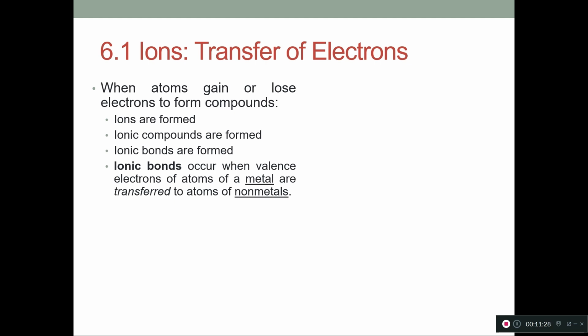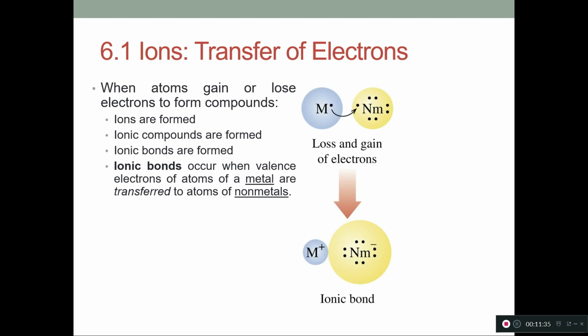They then have an electrostatic attraction to each other, and so they will form what's called an ionic bond. And so that looks kind of like this, where we have the metal losing an electron to the nonmetal, then we have this positively charged ion and this negatively charged ion that will then attract each other because one is positive and one is negative.